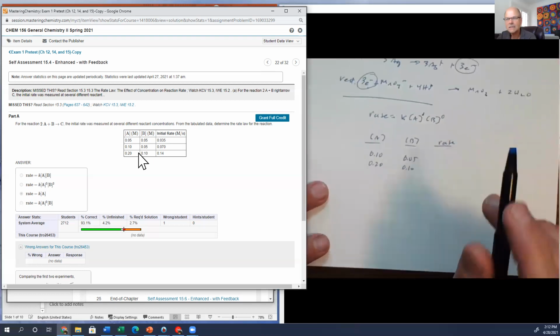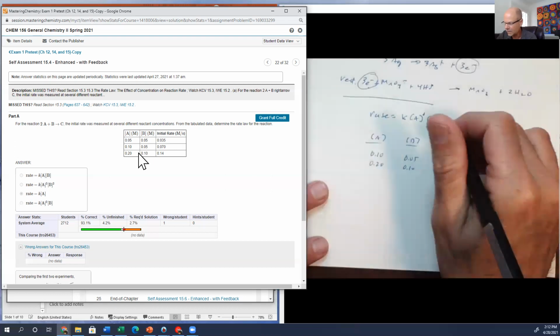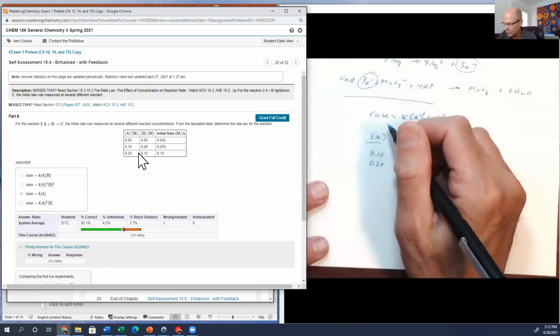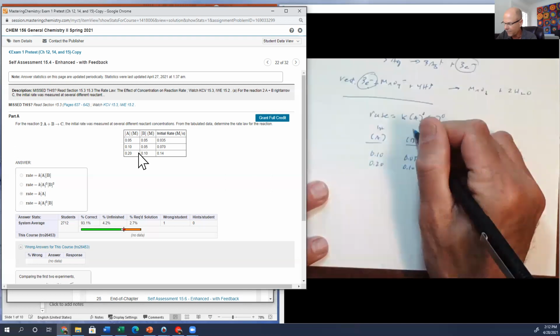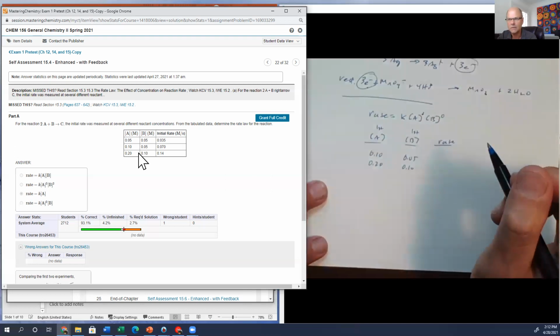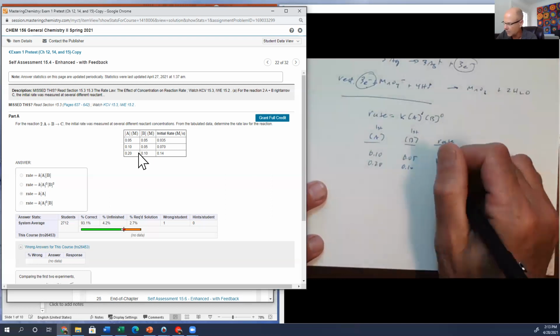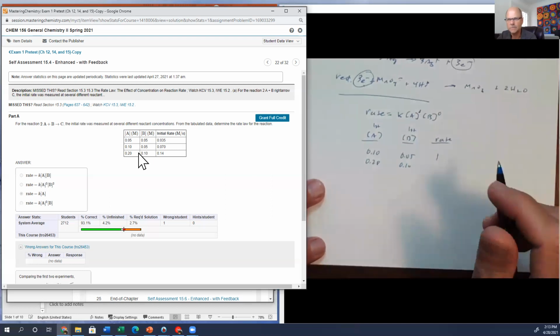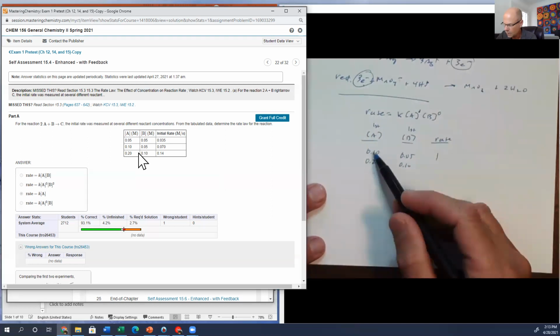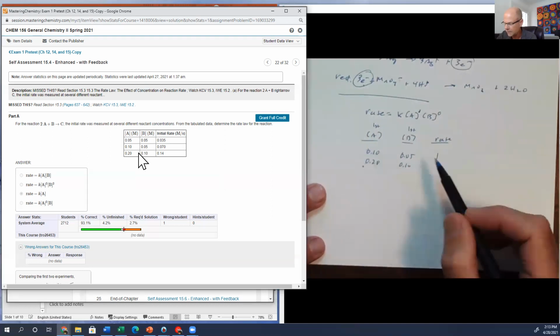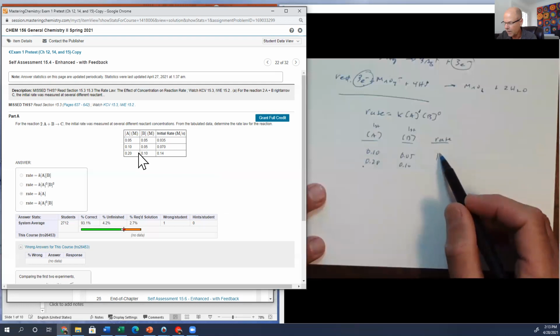Now, let's forget this problem for a minute. Let's suppose it was first order with respect to A and first order with respect to B, right? What would be the effect of doubling A? And let's say the rate here was 1, just to keep the numbers simple, okay? You double A, you'd expect the rate to go up by a factor of 2.